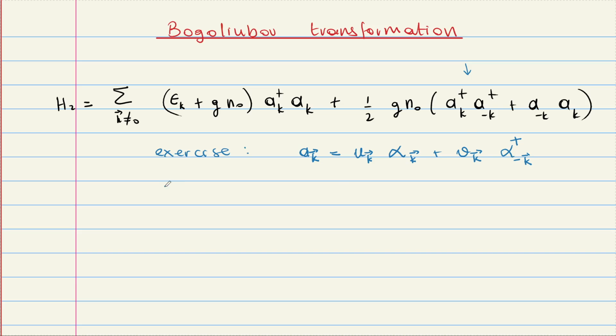And you need to find U_k and V_k such that this new degree of freedom is canonical. What this means is that the commutator of alpha_k and alpha_k prime dagger is like a bosonic degree of freedom, delta_{k,k'}. If you substitute this in the Hamiltonian, you are going to have alpha dagger alpha terms, alpha dagger alpha dagger terms, and alpha alpha terms, and nothing else.